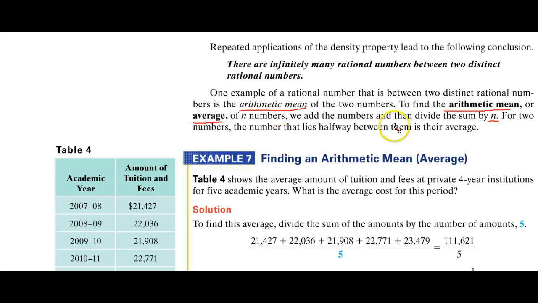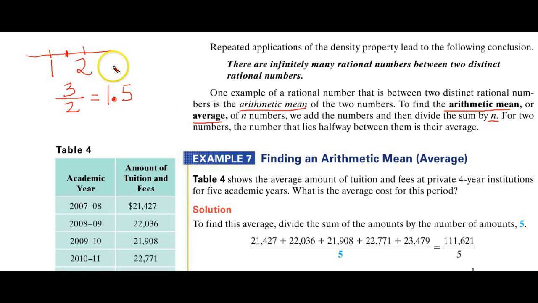For two numbers, let's say 1 and 2 on a number line, the arithmetic mean would be right in the middle. So you would add the 1 and the 2, get a 3, and you're adding two numbers together, so your n is 2, so your mean is 1.5, or 3/2.